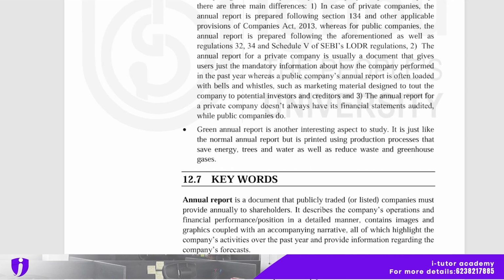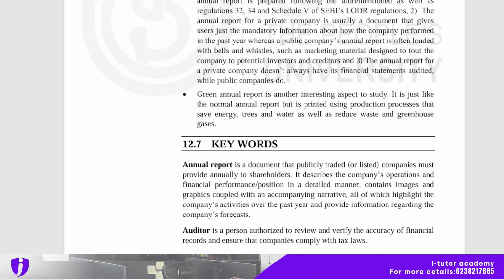The annual report for a private company is usually a document that gives users just the mandatory information about how the company performed in the past year, whereas a public company's annual report is often loaded with the bells and whistles, such as marketing material designed to tout the company to potential investors and creditors. And the annual report for a private company doesn't always have its financial statements audited while public companies do.